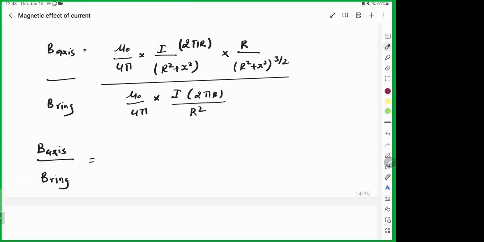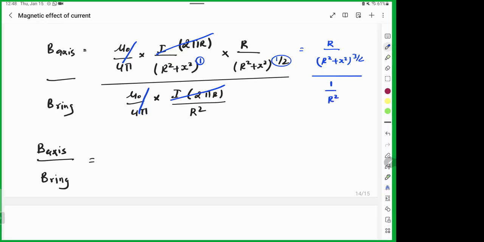In this situation, this cancels with this, and this cancels with this. In the numerator, you have r by r square plus x square, the whole to the power 3 by 2, because this is 1 and this is 1 by 2. Any doubt?